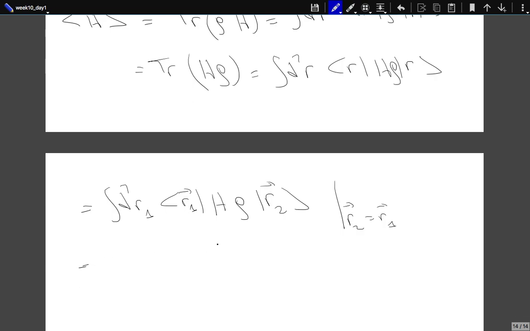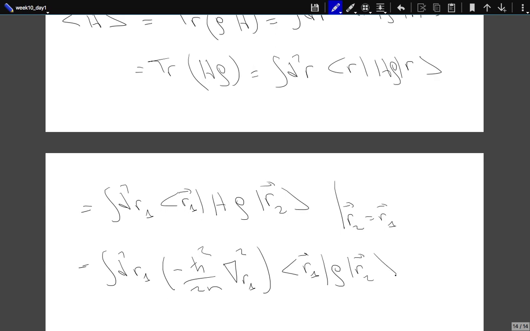Now I know what the coordinate representation of my Hamiltonian is. This is equal to the integral d cubed r1 of minus h bar squared over 2m, Laplacian with respect to r1, of r1 rho r2.